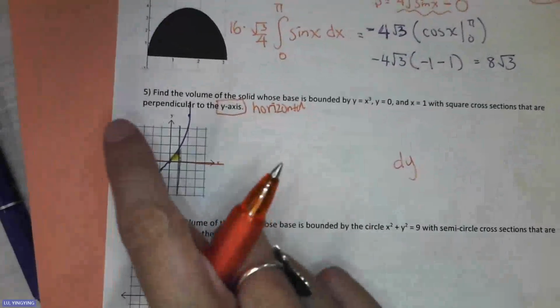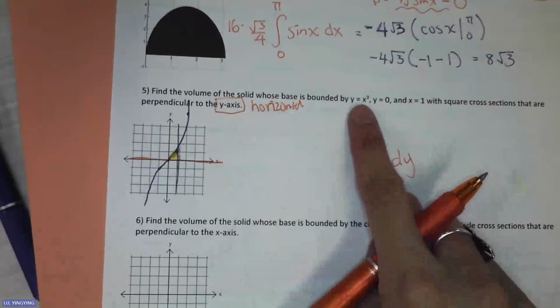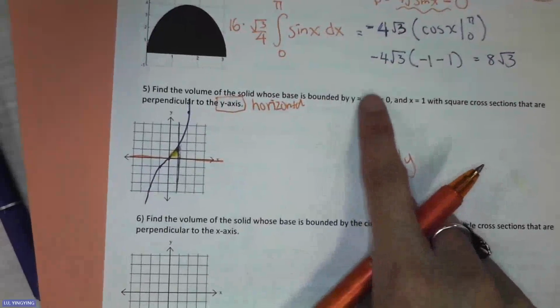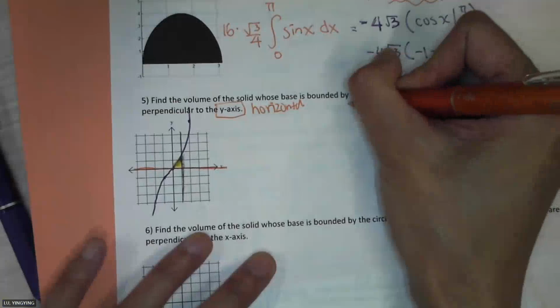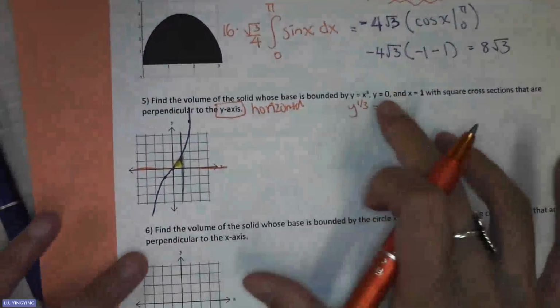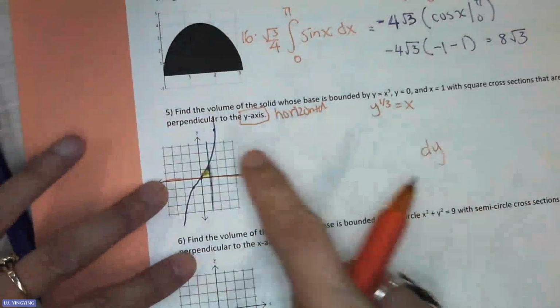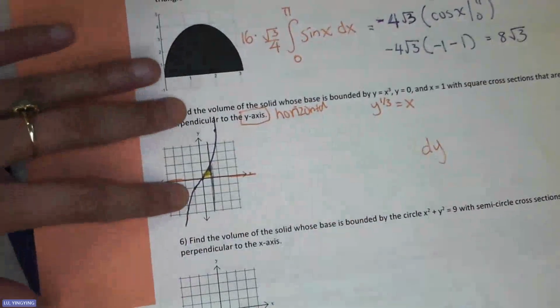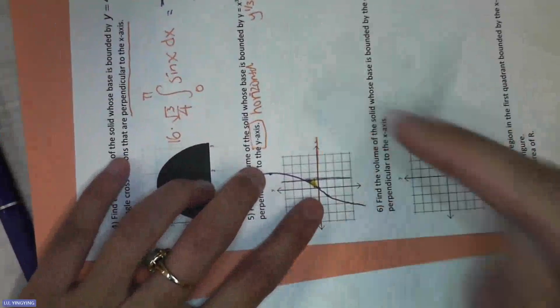Now, the first thing we need is the equation in terms of y. So y is x to the third, which means x is the cube root of y, which is y to the 1/3. And the other two are already fine. So now when we do horizontal slices, we do right minus left, and if you cannot tell, you can switch to top minus bottom. So which one minus which one? Can you tell?